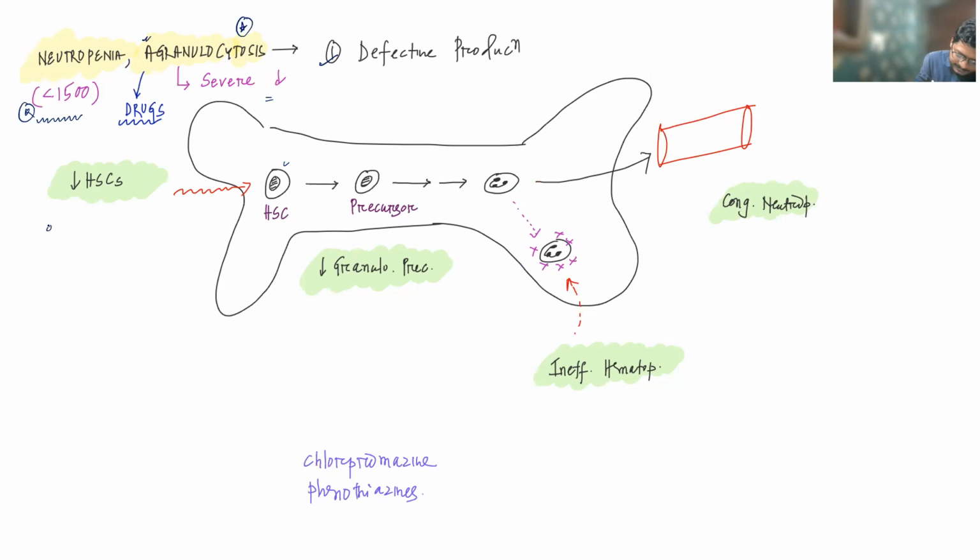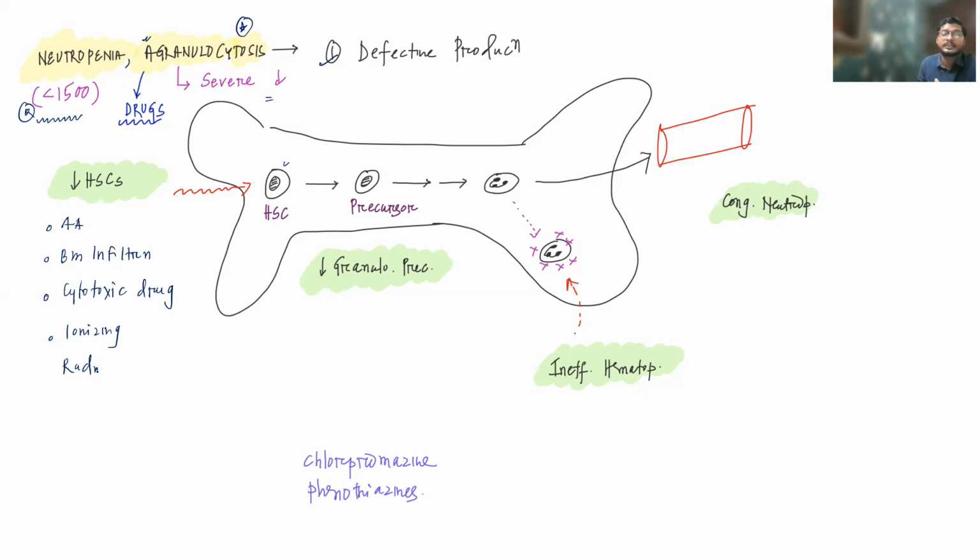Conditions like aplastic anemia, bone marrow infiltration, especially by malignant cells or granulomas, cytotoxic drugs, and ionizing radiation are all causes that damage the hematopoietic stem cells, causing a subsequent reduction in the hematopoietic cells.